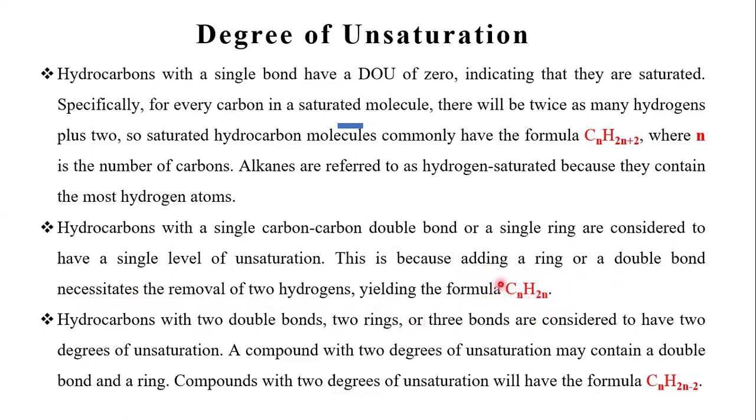This is an alkene. Hydrocarbons with 2 double bonds, 2 rings, or a triple bond are considered to have 2 degrees of unsaturation. A compound with 2 degrees of unsaturation may contain a double bond and a ring. Compounds with 2 degrees of unsaturation will have the formula CnH2n minus 2.